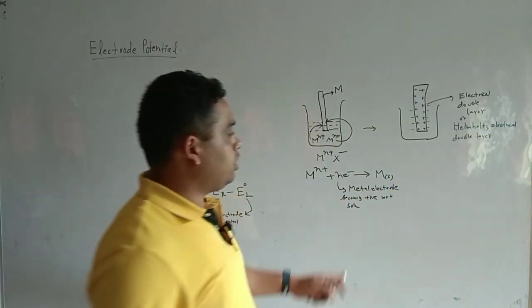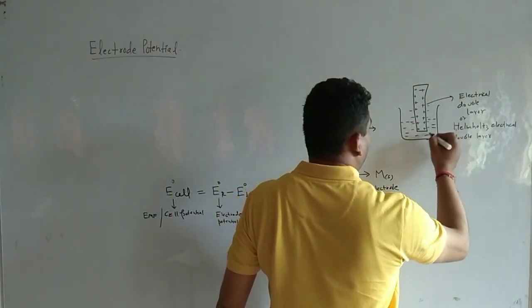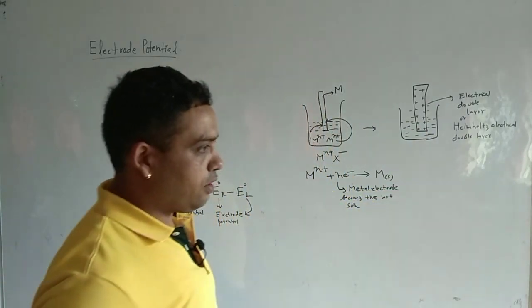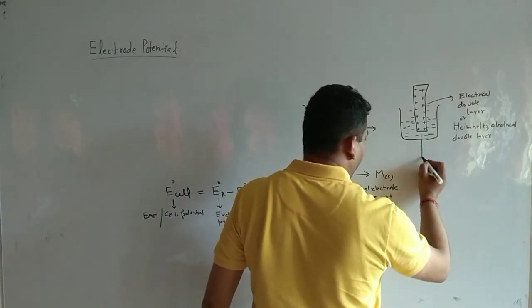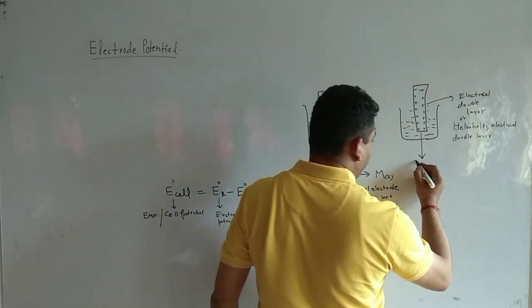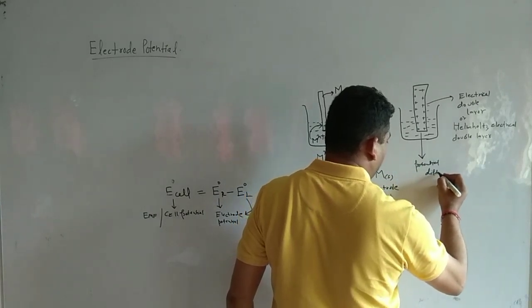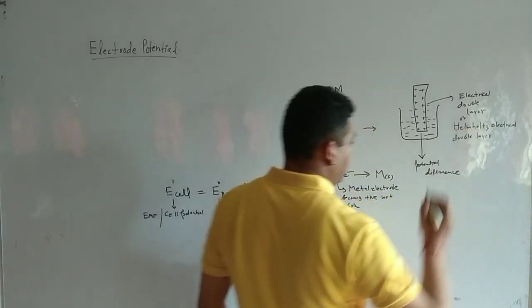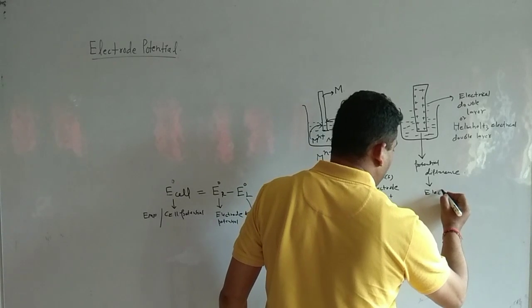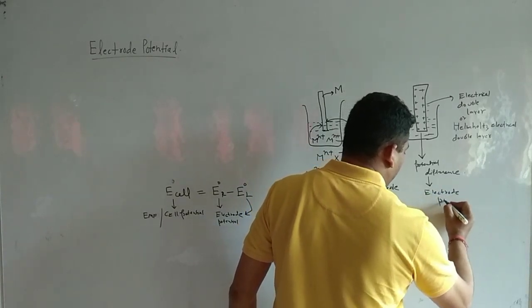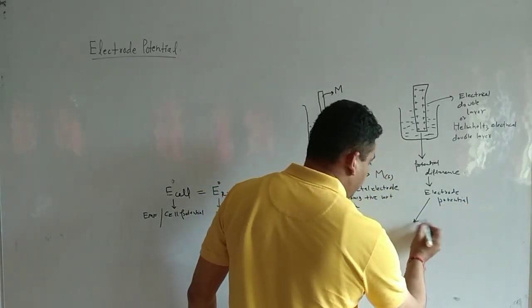Whenever such an electrical double layer forms at the connection of the metal and the solution, some potential difference develops. This potential difference is known as electrode potential. So what is the definition?